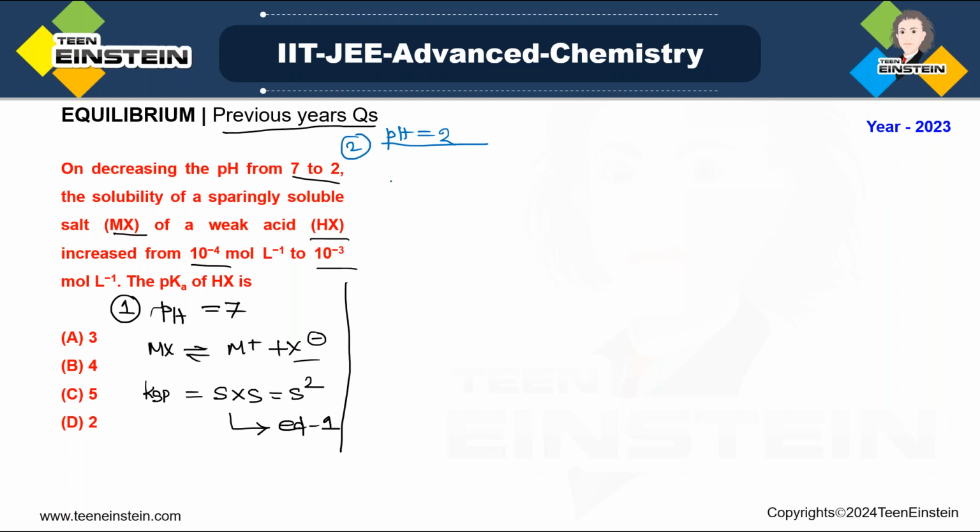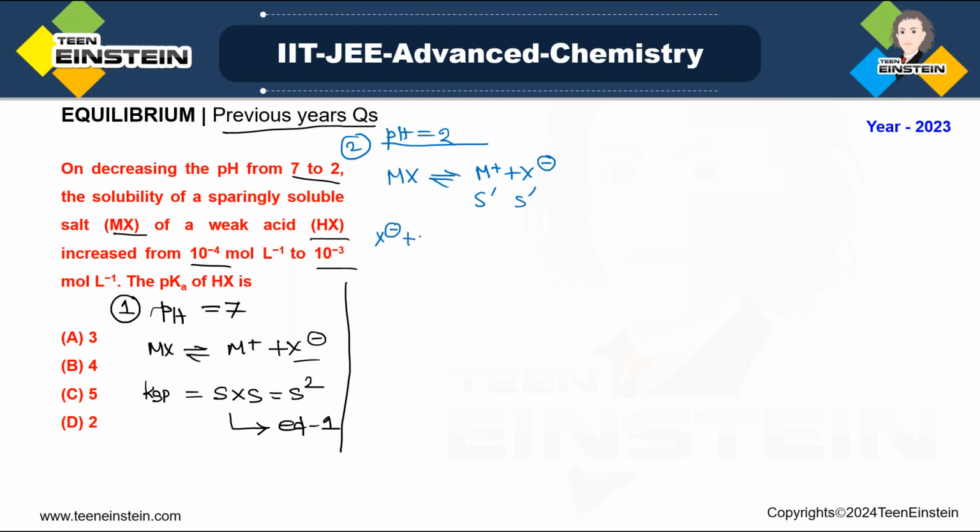So in this case, again we will write this Mx. It is in equilibrium with M plus and X minus, just like we have done it before. Now this X minus, the new solubility, suppose it is S prime for these two, because now the solubility is different.